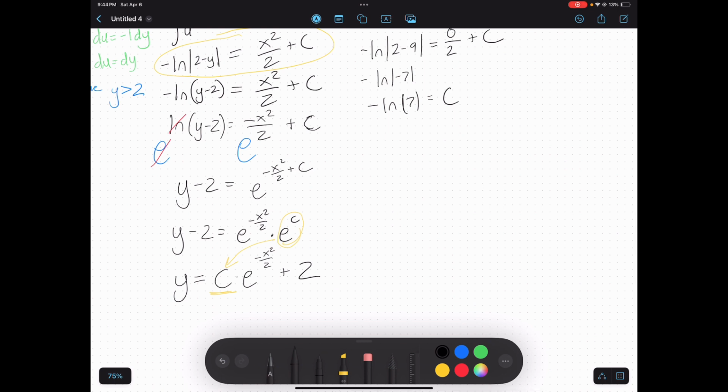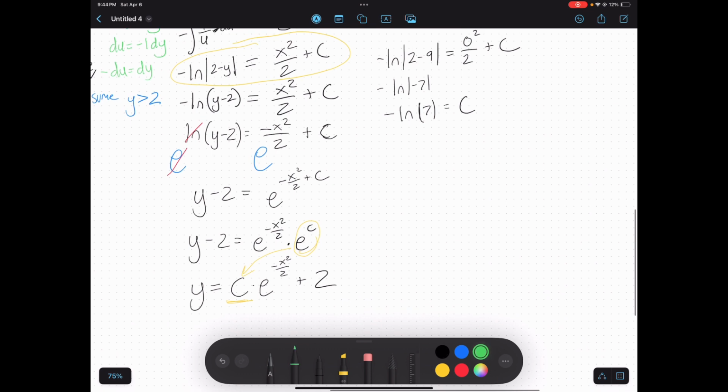Now, we have to be careful because we did change C over the course of my simplifying process. So as I simplified, my C changed. For example, I multiplied by negative, so that C went from being a positive to a negative, but because it was arbitrary, I could just keep it as a plus C. And same thing down here.